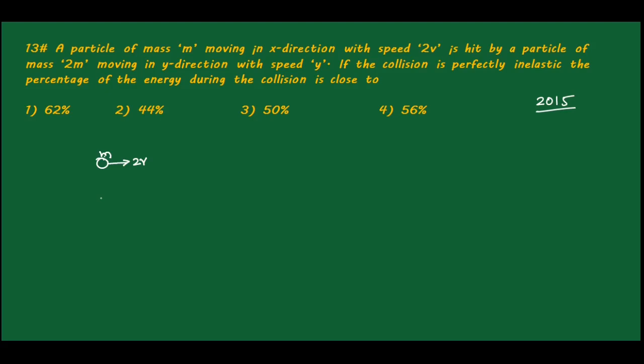And there is another particle also moving in y direction with velocity v, and the mass of this particle is 2m. Then there is an inelastic collision. After that, they collide and stick with each other. This combination has some velocity in the x direction, vx, and in the y direction, let us say vy.